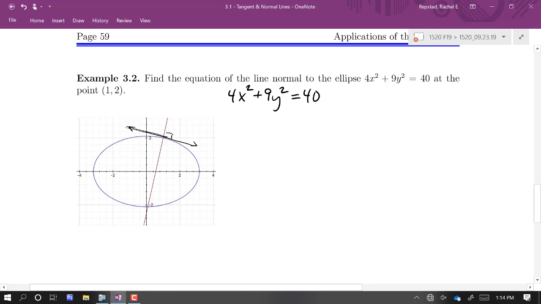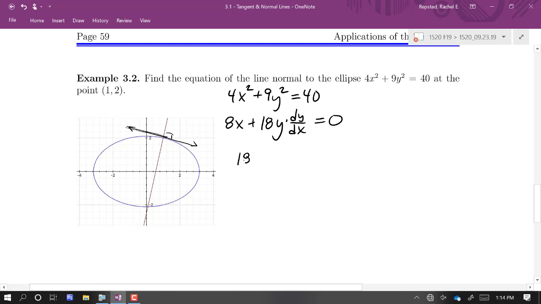What should I do to start out, or who wants to get us started finding dy/dx? Yes. 8x plus 18y dy/dx. Good. So this means we could throw the 8x on the other side.